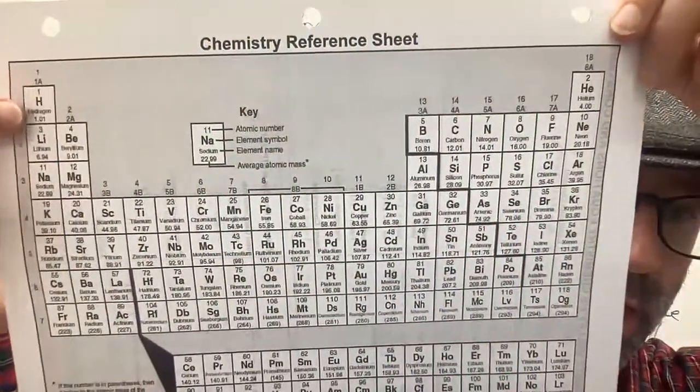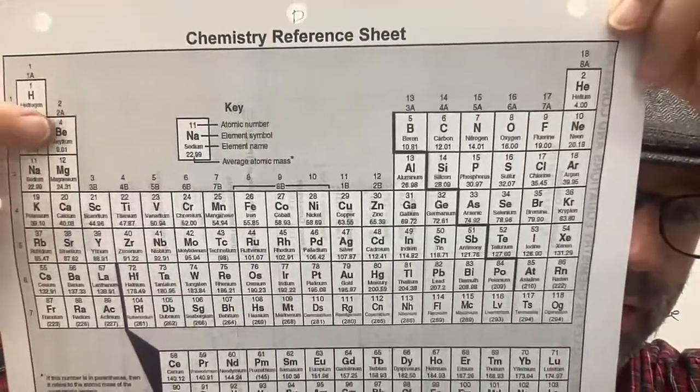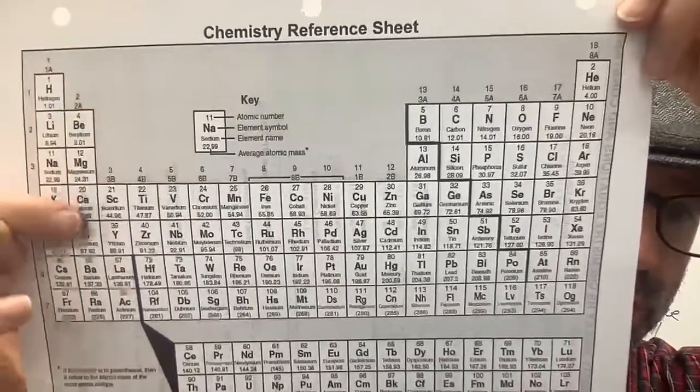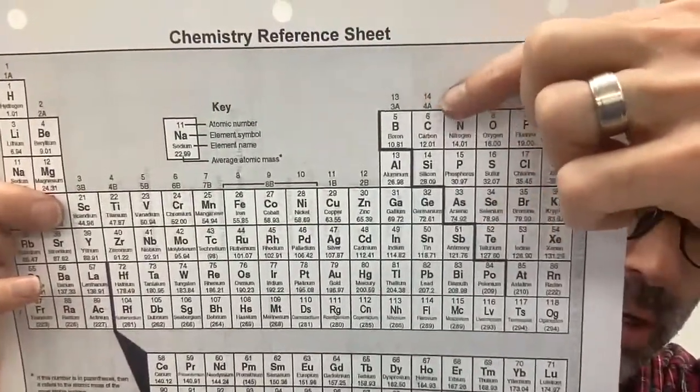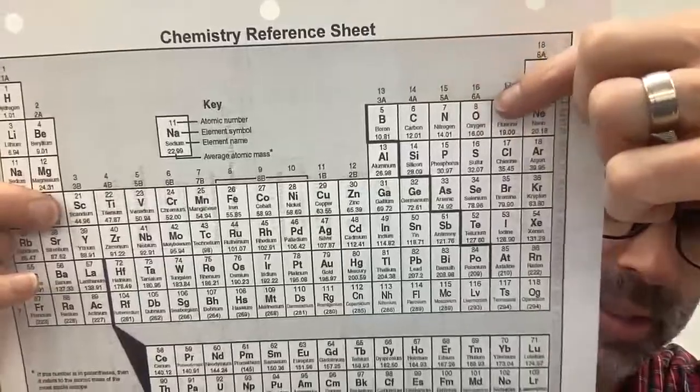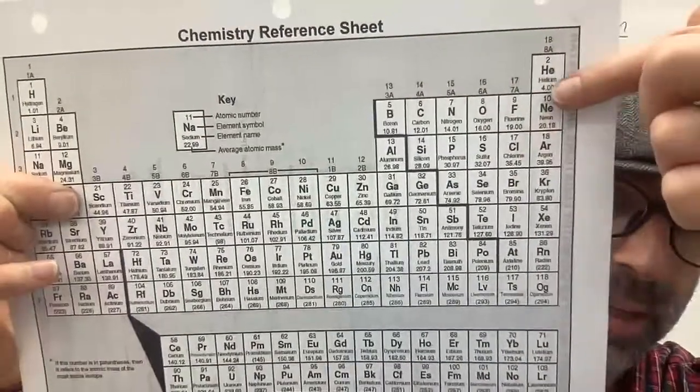So group number 1 here, we have lithium. And then here, beryllium, that's group number 2. And then over here, you have group number 3, 4, 5, 6, 7, and then 8. Everyone wants to be like the noble gas.